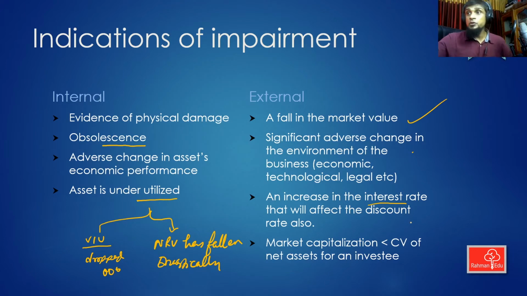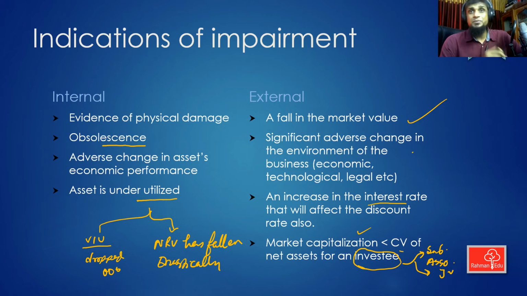Now the final one over here is that market capitalization is lower than the carrying value of net assets for a subsidiary, or for an associate, joint venture, etc. We are talking about those kinds of investees: subsidiary, associate, JV, that is joint venture.